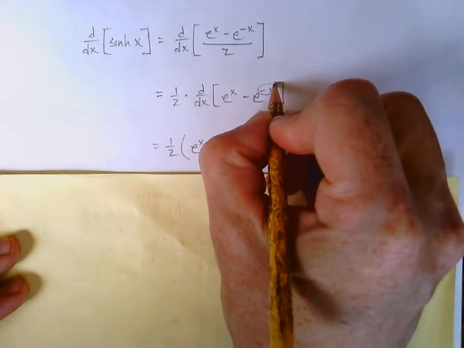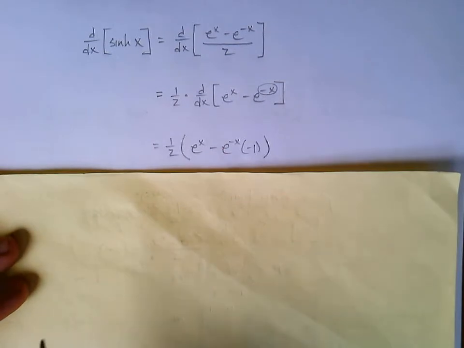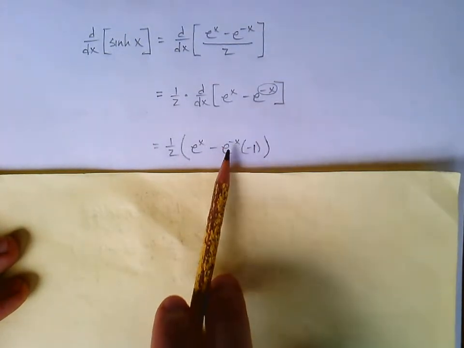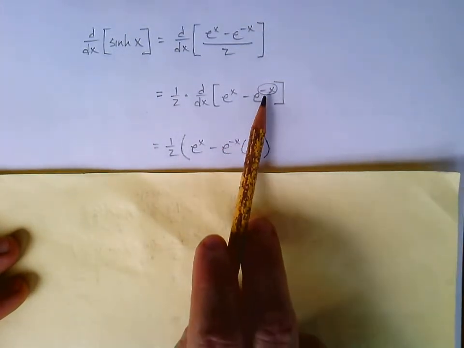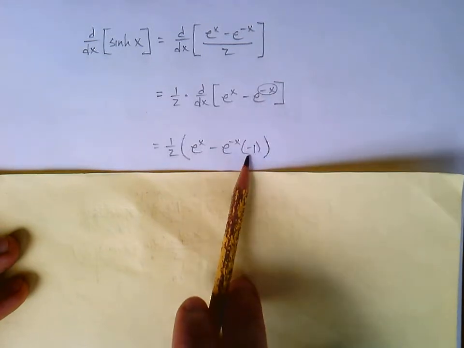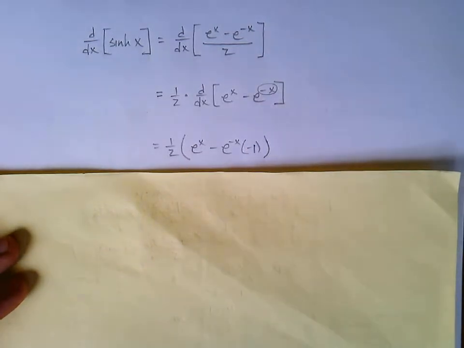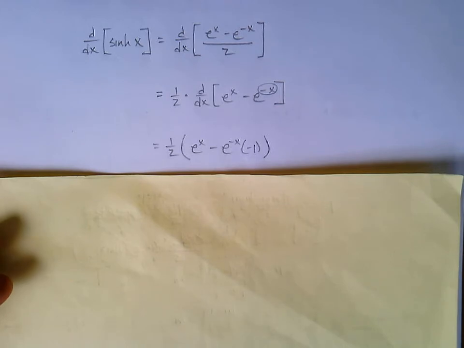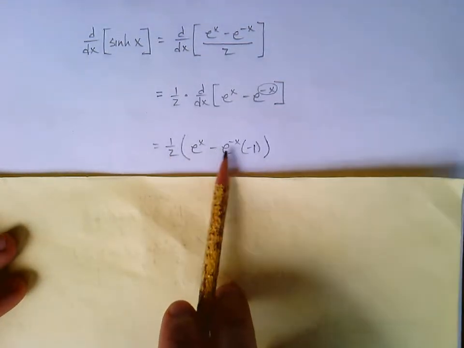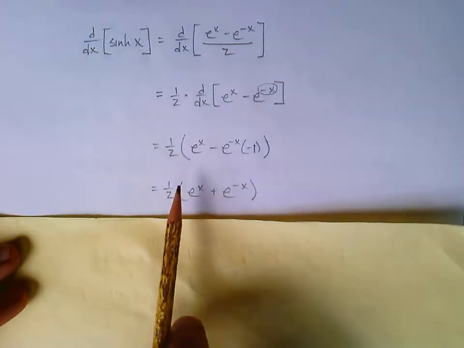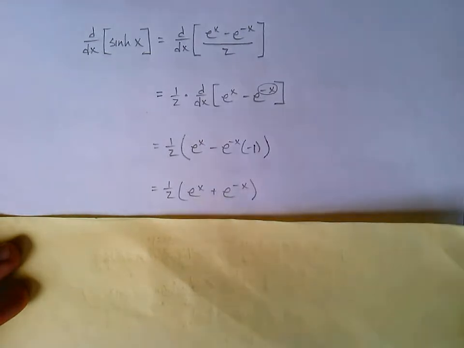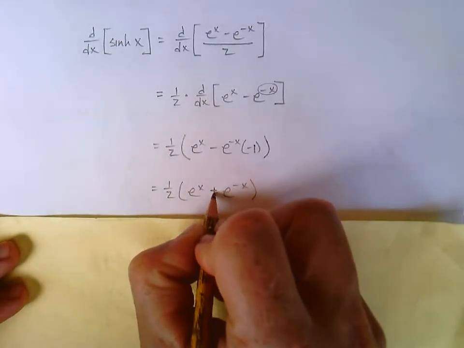There's the inside right there. So the derivative of e, we just copy the whole thing. And the derivative of negative x is -1. So now, cleaning this up, 1/2 times e to the x plus e to the negative x.